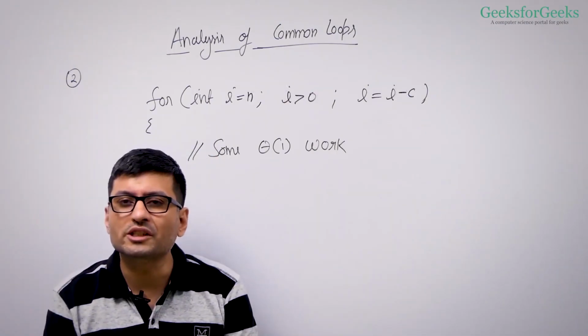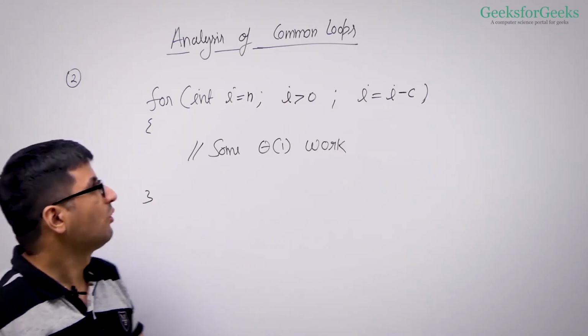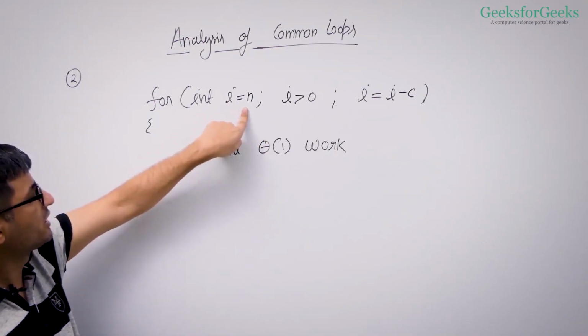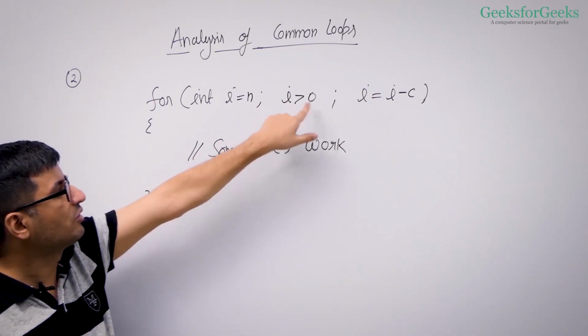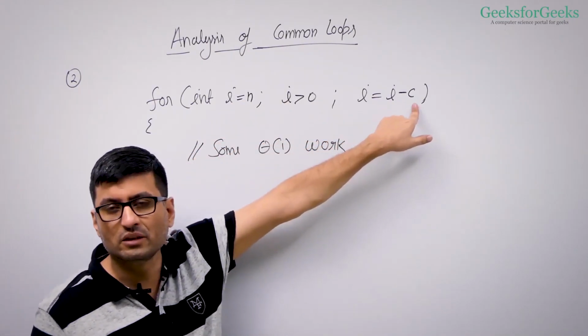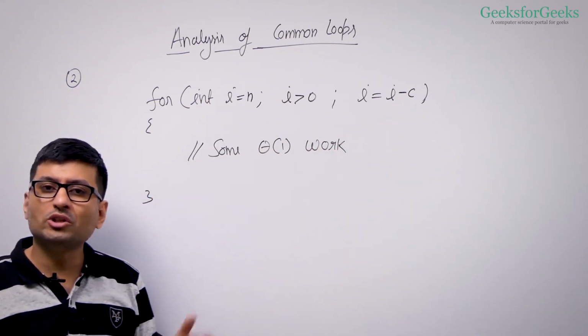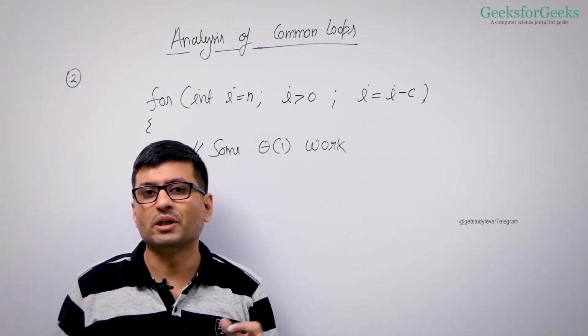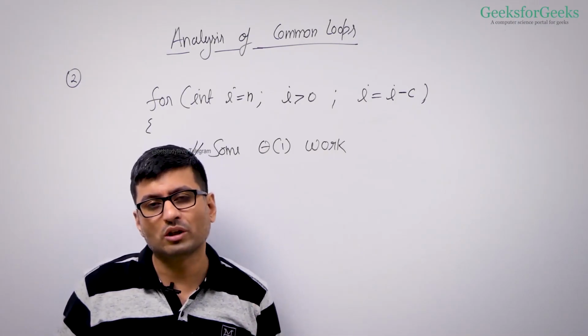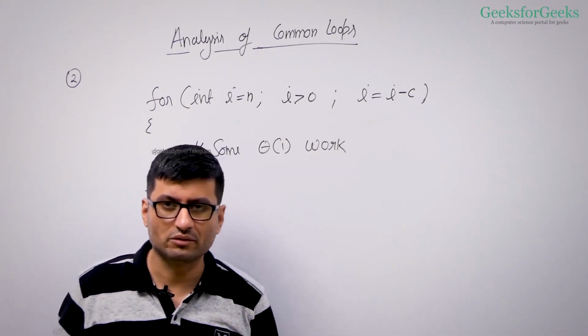Let us now do this second example. We have a loop that begins i equal to n, goes till i greater than 0 and does i equal to i minus c. In all these loops, I have written this theta 1 work. Theta 1, big O of 1, both of them represent a constant value, right?